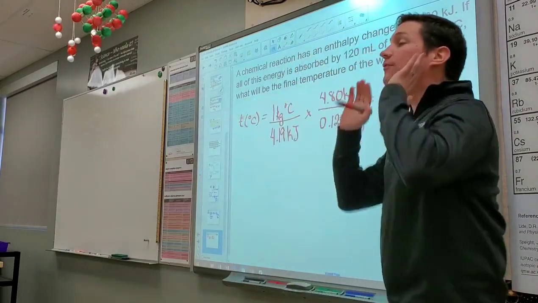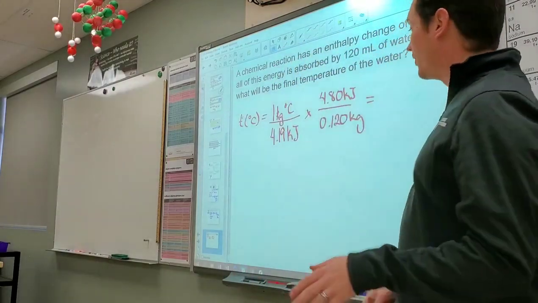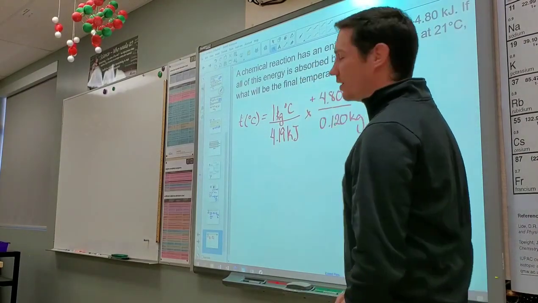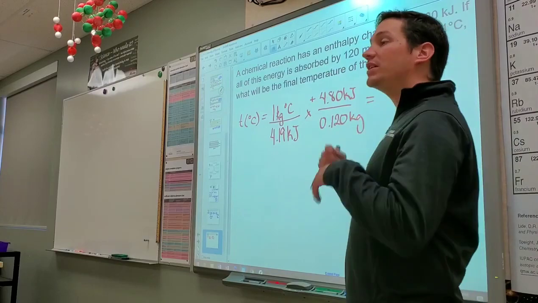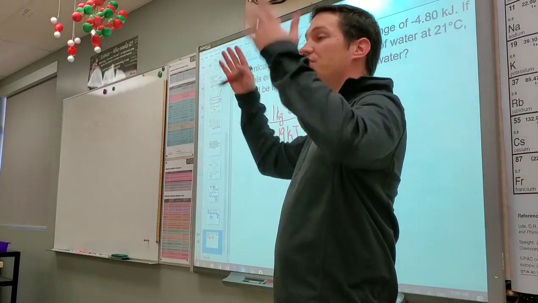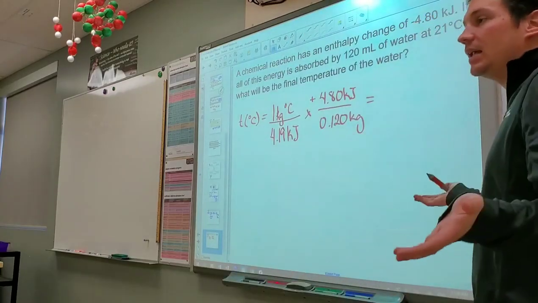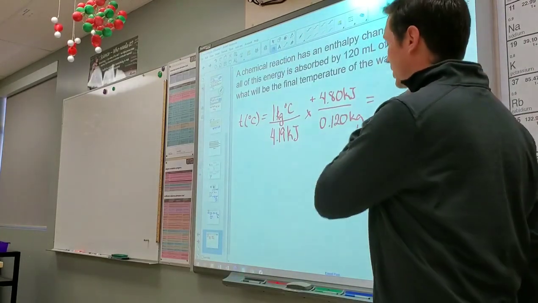Okay, so from the water's perspective, is it gaining or losing energy? It's gaining energy. So is this going to be a positive temperature change or a negative temperature change? Positive. It's going to get heated up, right? So its temperature is going to increase.